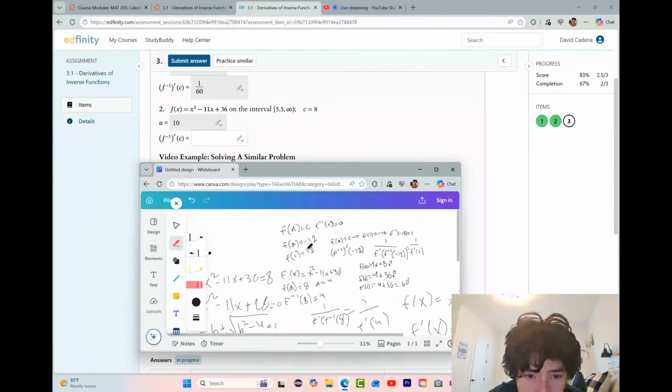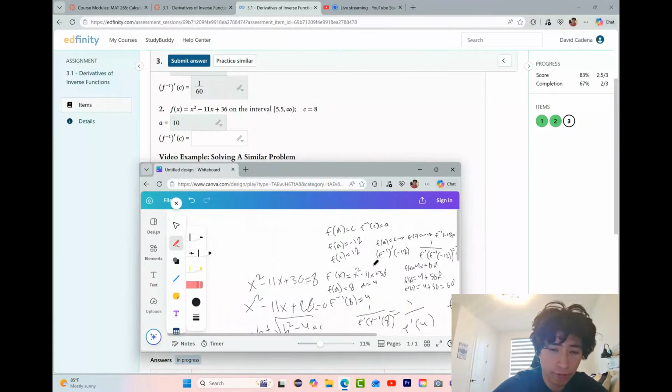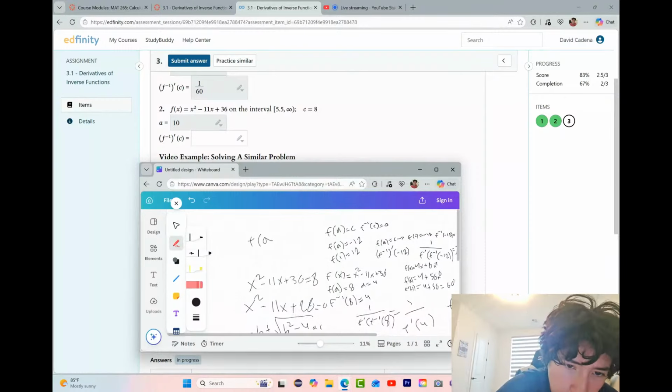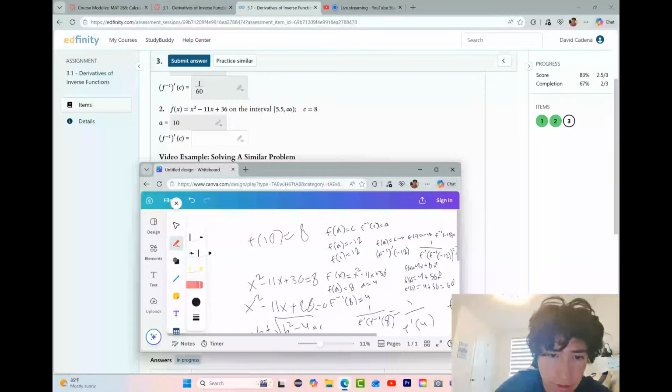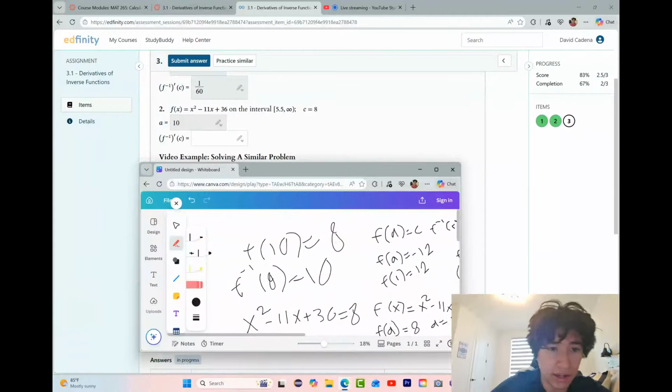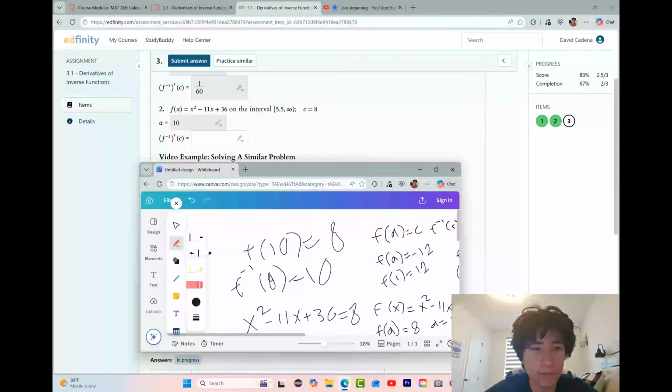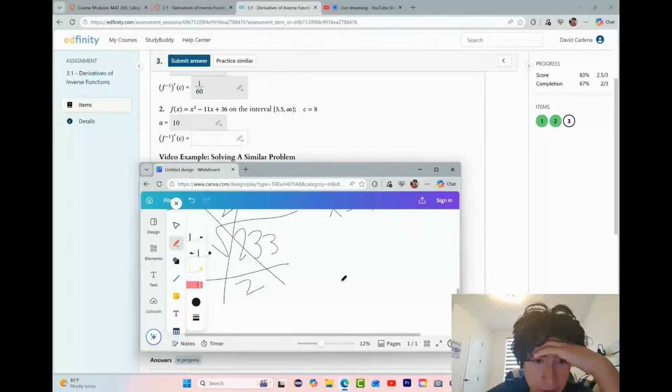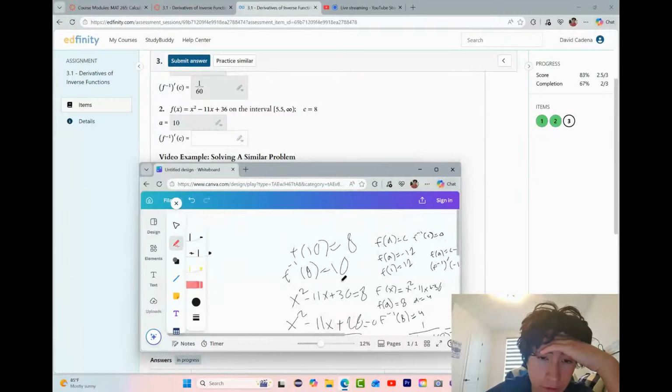Hold on. So we have f of 10 equals 8. So f inverse of 8 equals, wait, what? So we found 10, but now we still, oh, well, that is what, okay, cool.